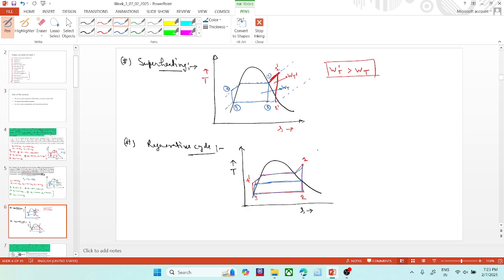And earlier we have learned that if the mean temperature of heat addition is increased, then our efficiency will also be increased. So the Y fraction will go to heat this subcooled liquid, and the 1 minus Y part will go here.